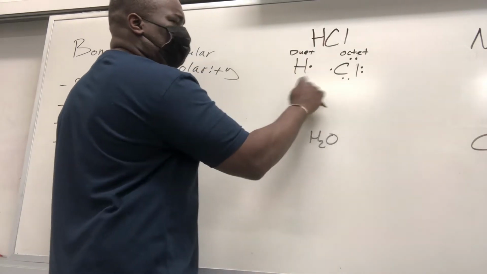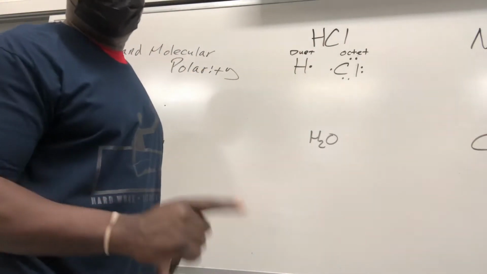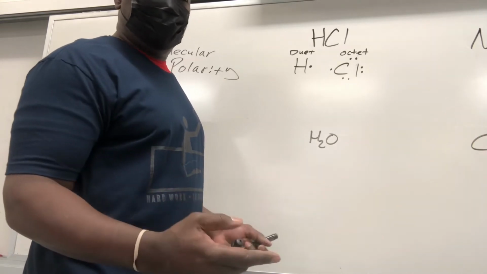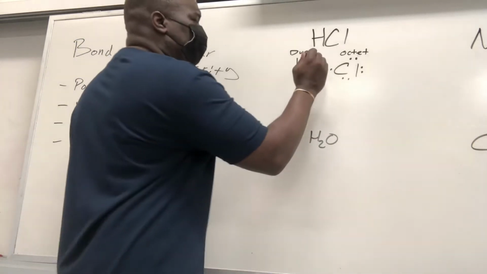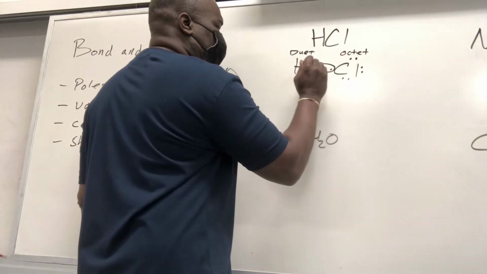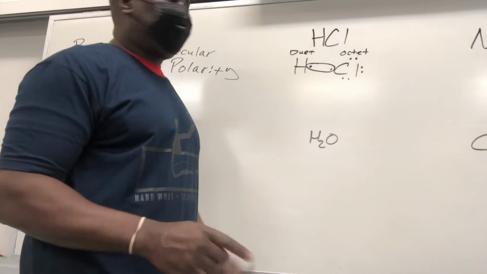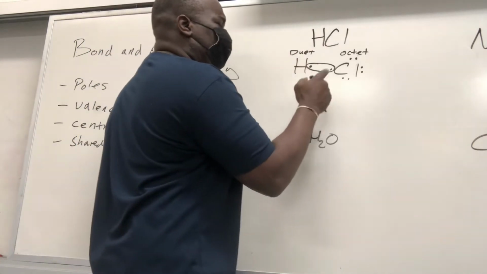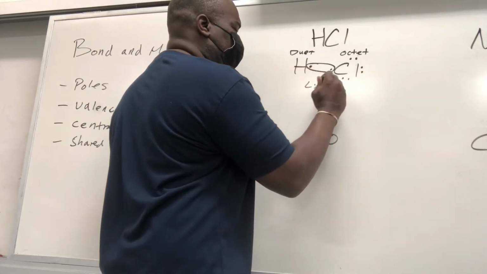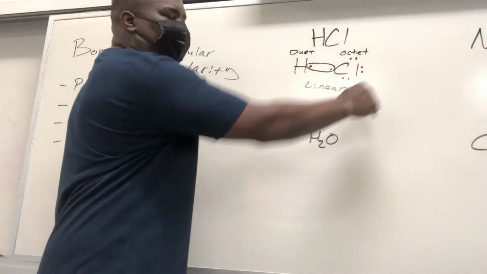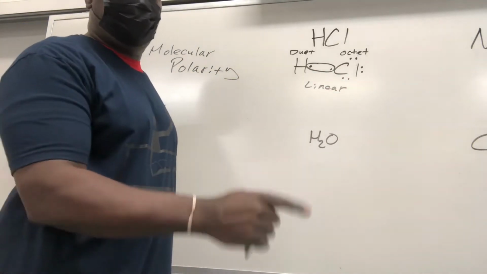They're non-metals only, so we're not using brackets and charge. We're going to share to get to a full valence shell. So these two share right here, and this is called a single covalent bond. So we're just recapping, right? The shape of this is linear, all right? We discussed that in the last video, no problem, because you can draw an imaginary line through all the atoms.